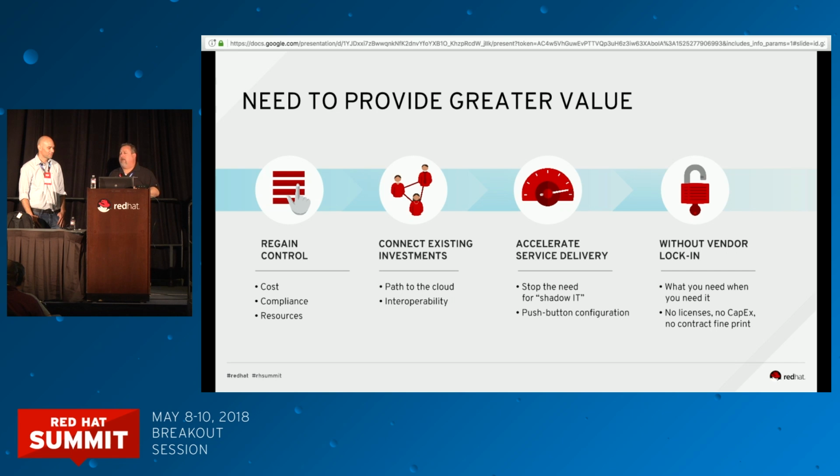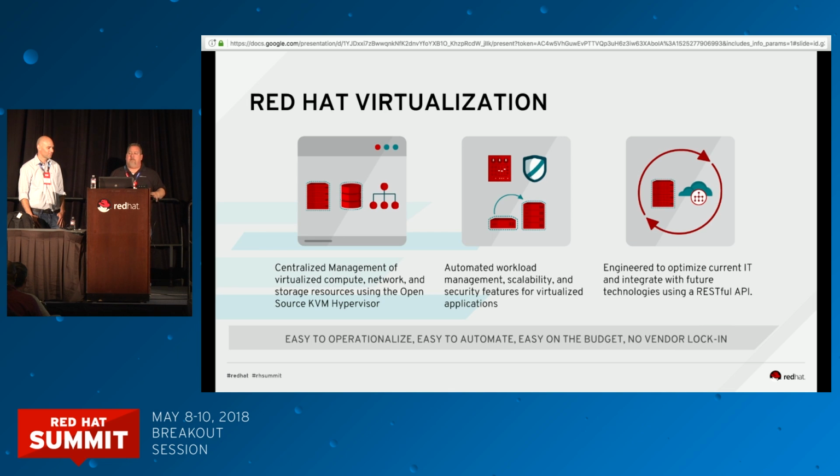And do all of this without vendor lock-in. Yes, I'm talking about avoiding software lock-in, but I'm also talking about avoiding business lock-in through fine print contracts and other business behaviors that prevent you from being able to introduce new technology to your environment.